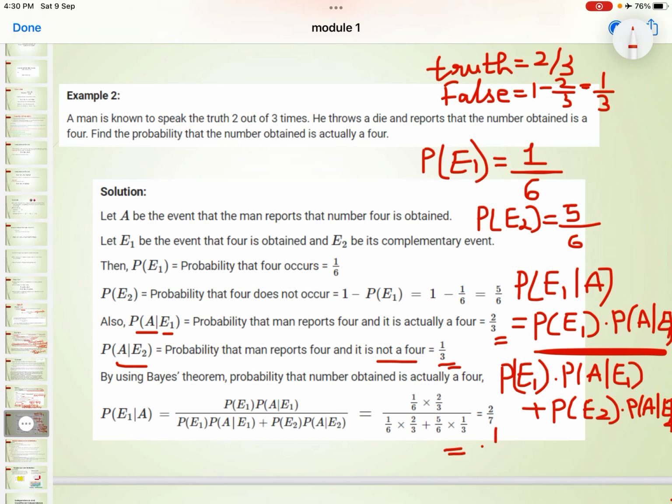Probability of E1 is 1 by 6 into probability of A given E1, 2 by 3, upon probability of E1 1 by 6 into 2 by 3 plus 5 by 6 into 1 by 3, that is how much? 2 by 7.